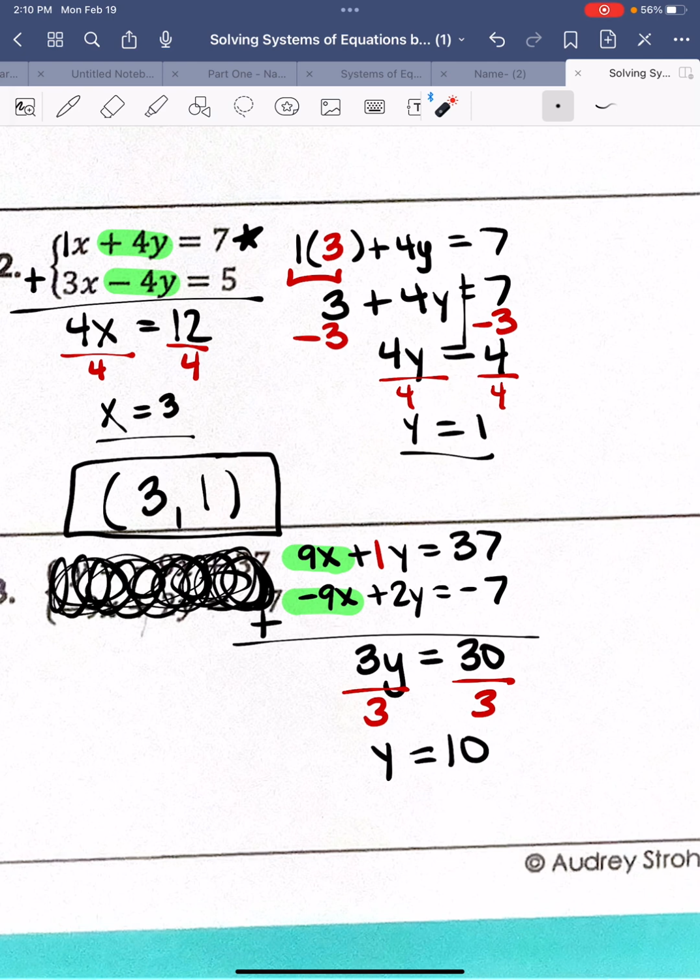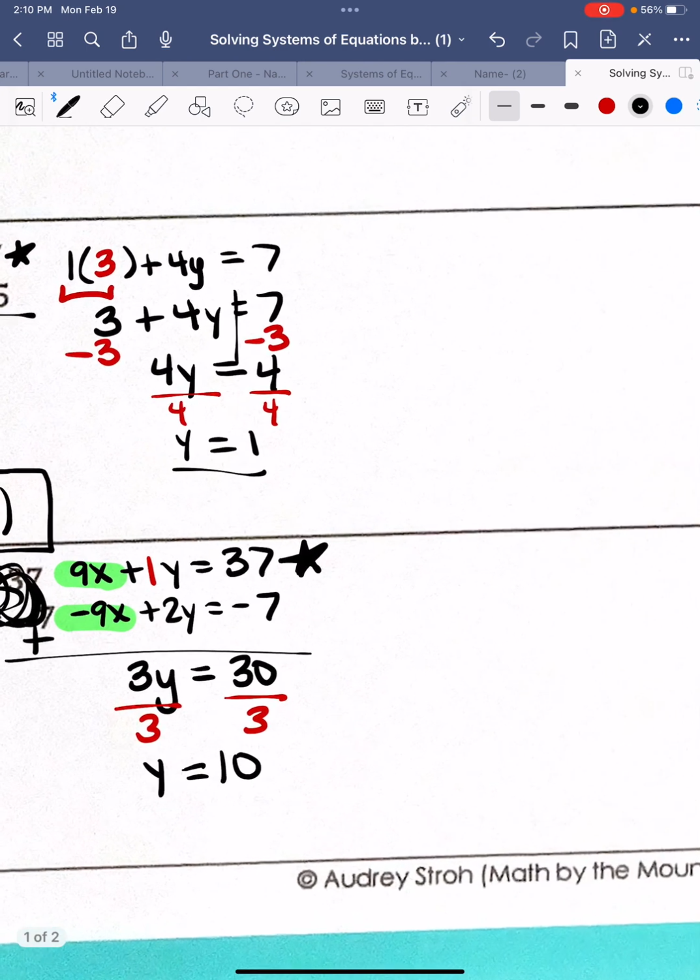And again, it doesn't matter which equation you plug it back into. Me, for the notes' sake, I'm just going to plug it into the top just so I can show you that I'm consistent. If I'm going to plug it into the top equation, for sure the first number that I see is a 9, but then I see x. I didn't get x equals a number. I don't know it, so I'll just put it.